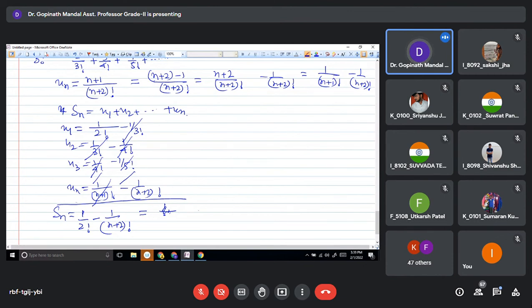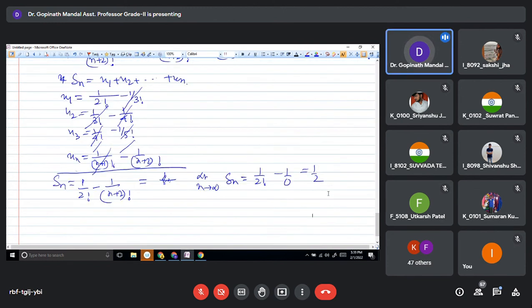As n tends to infinity, 1 by factorial of infinity goes to 0, so we get 1 by 2. So the limit is finite, and we can say that the series un is convergent, and the limit is half.